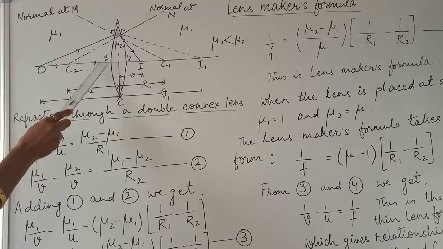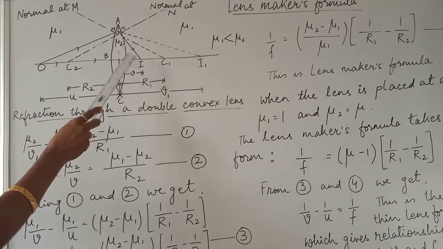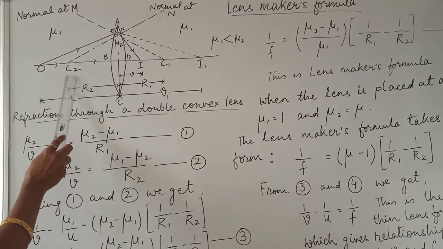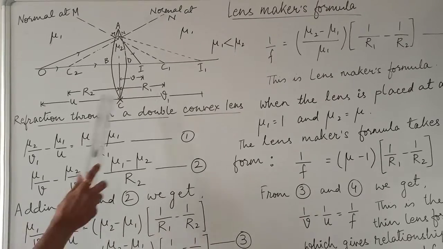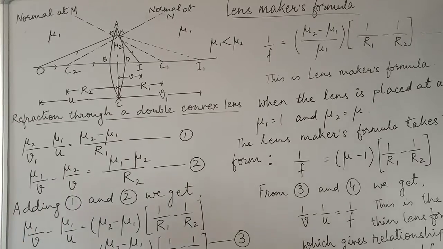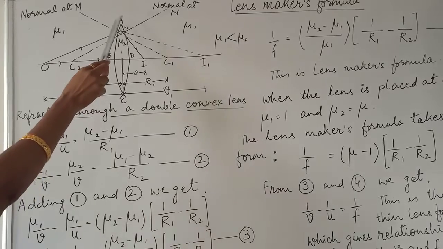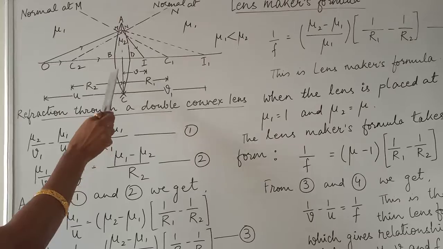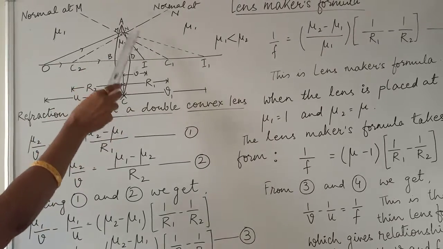Let B and D be the poles, C1, C2 be the centers of curvature, and R1, R2 be the radii of curvature of the two lens surfaces. One surface is ABC, another surface is ADC.